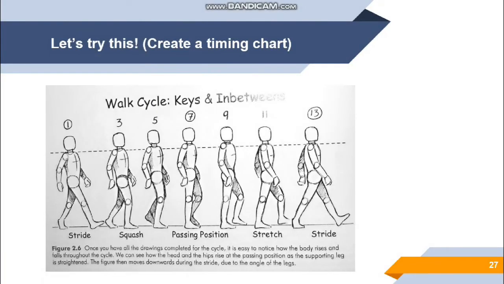This is another example of an in-between. We can create a timing chart using this one. For example, this is your timing chart. This can be your key pose, key pose, key pose. This is your in-between, in-between, in-between, in-between. So this is an example of a walk cycle.